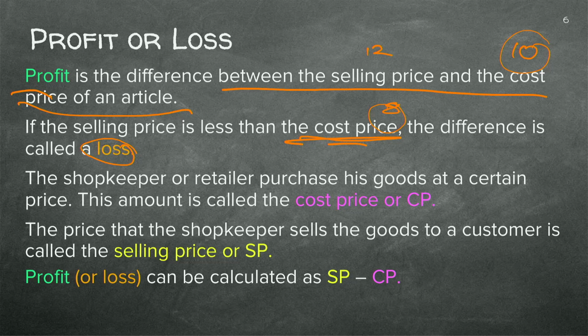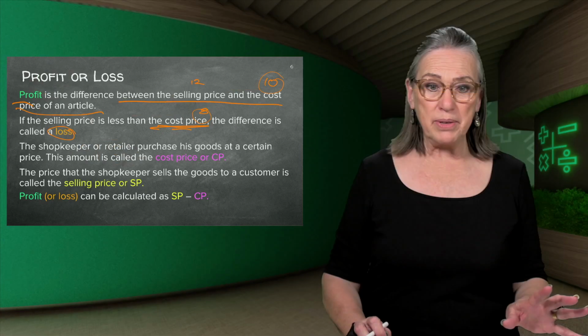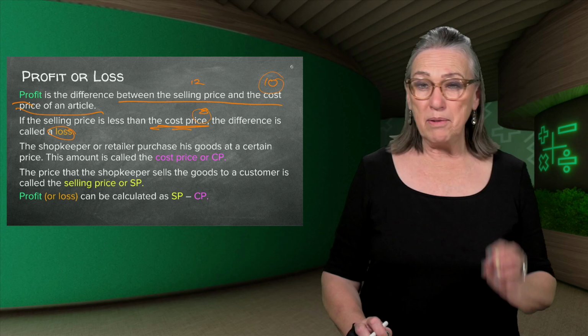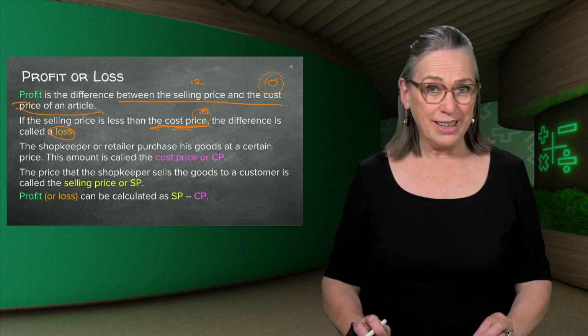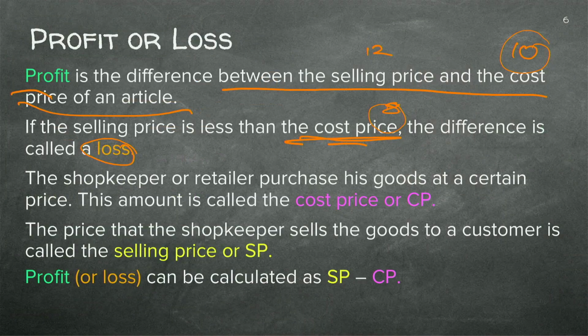Okay. So this is now just between you and your friend, but shopkeepers are really going to make sure that they don't sell anything at a loss. Correct? So if a shopkeeper purchases his goods at a certain price, the amount is called the cost price. Just look at that.